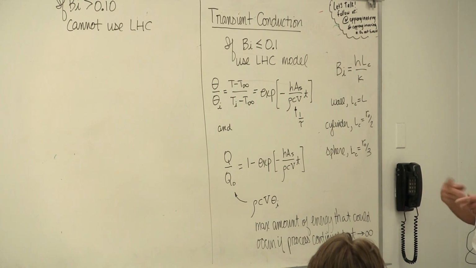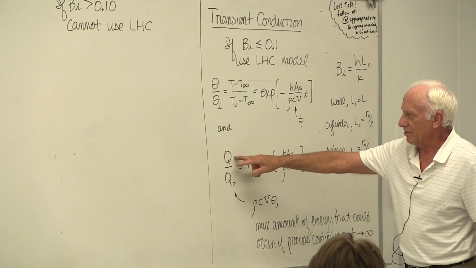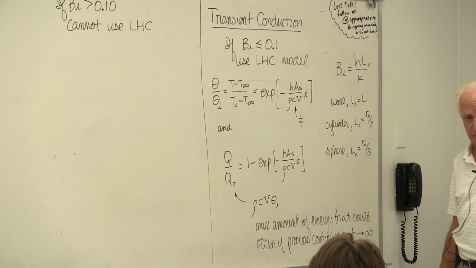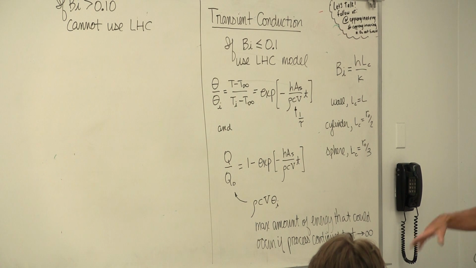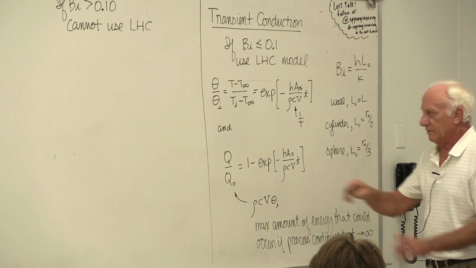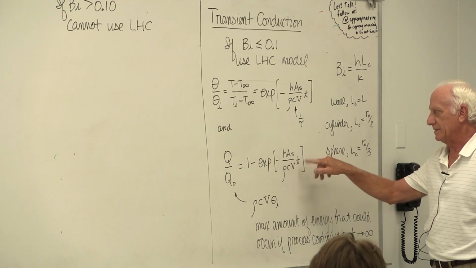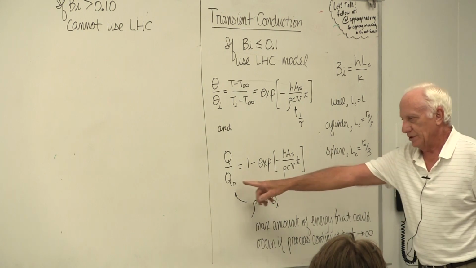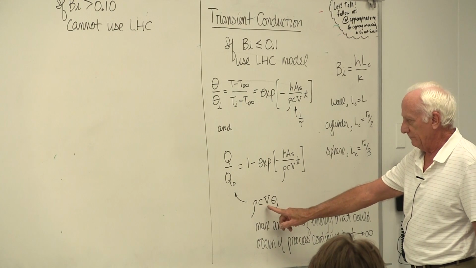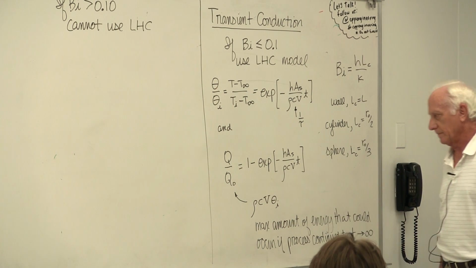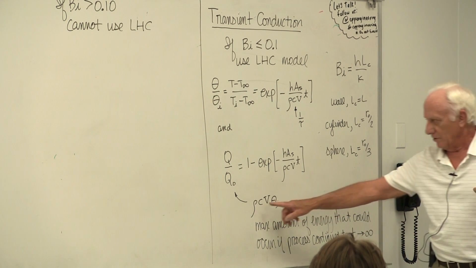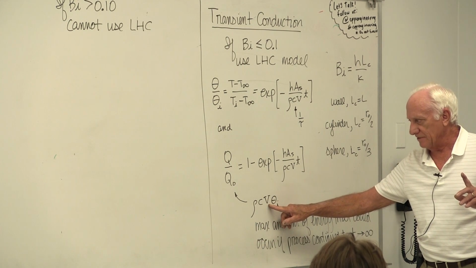Then you can integrate that with respect to time and find out how much energy has been transferred to or from that body. When you're done with that calculation, you have Q over Q_0 equals 1 minus exponential of minus t over tau. Q_0 is rho C V theta_i. Rho times V, density times volume, is a mass.